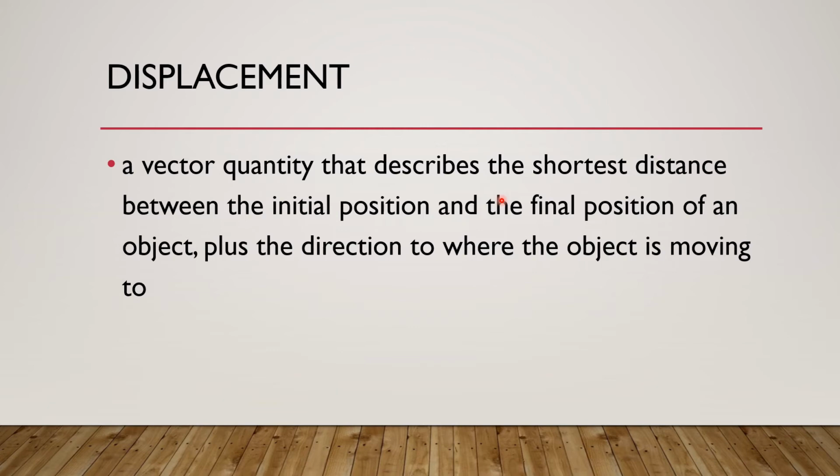So, yun yung pinaka-shortcut or shortest distance na matatravel mo. Pa-saan yun? Halimbawa, let's say, yung shortest distance na 5 km, pa-saan? Pa-southeast o pa-southwest. So, yun ang magiging sagot. So, 5 km southwest or southeast, that would be your displacement. Next.